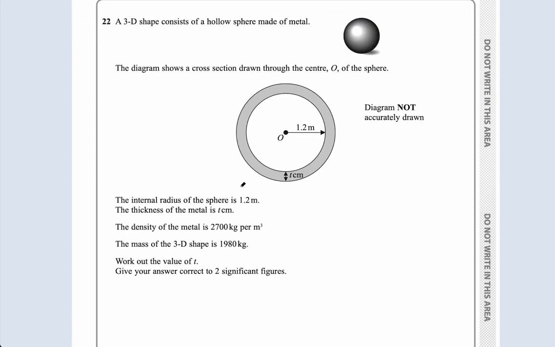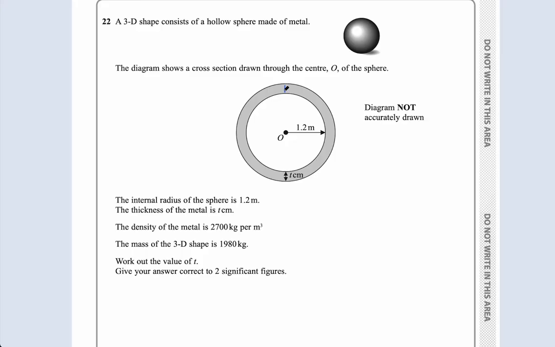Question 22. We have a 3D shape that consists of a hollow sphere made of metal. Okay, so it's a sphere, like a ball, and it's made of metal. The diagram shows a cross-section drawn through the center O of the sphere. So basically, it's hollow on the inside, but it is somewhat thick.